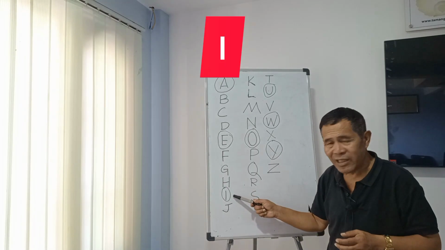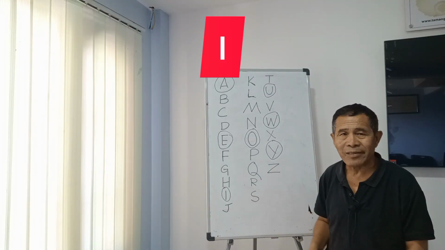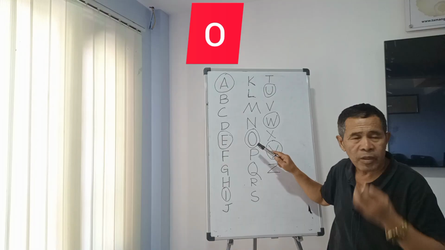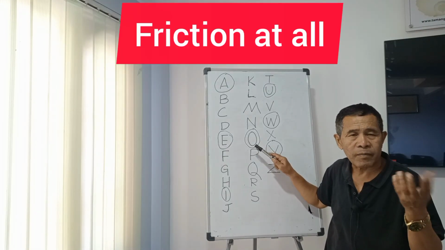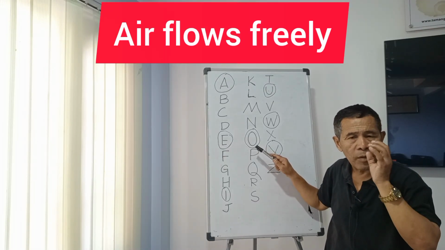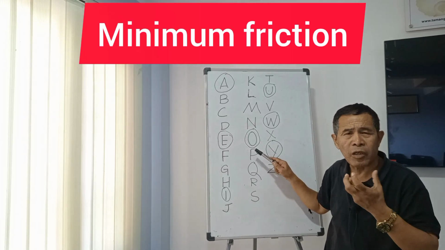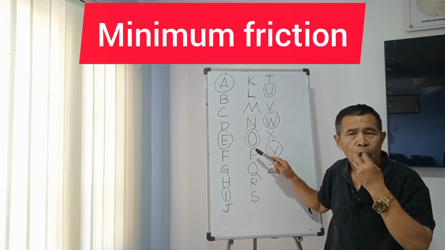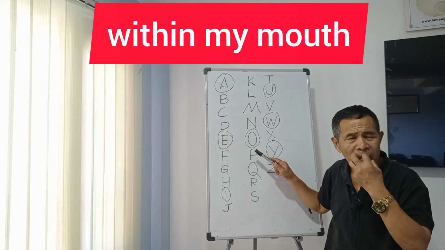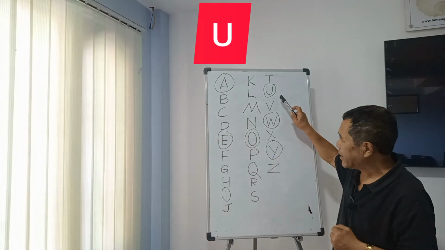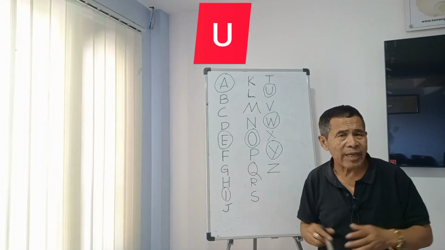So I. The next, O. There is no friction at all. Air flows freely with minimum friction within my mouth. The next one is U. Same.